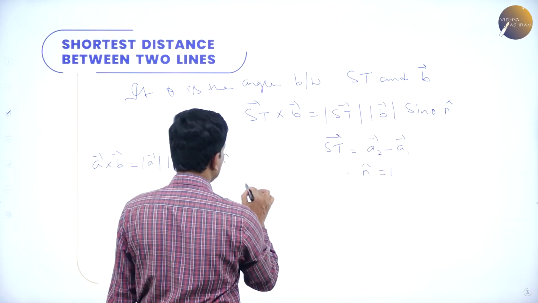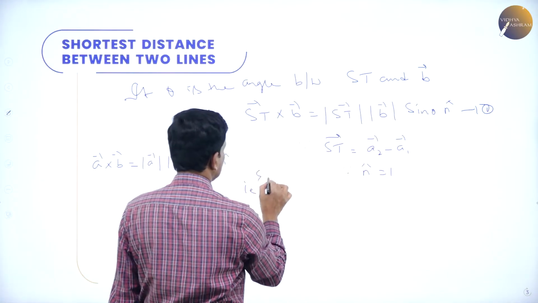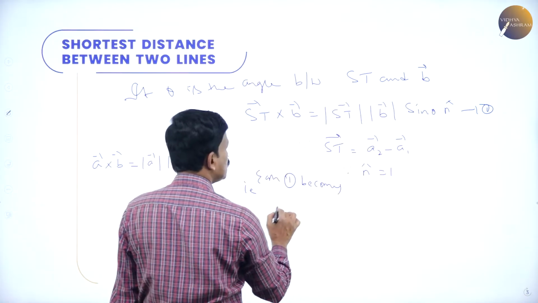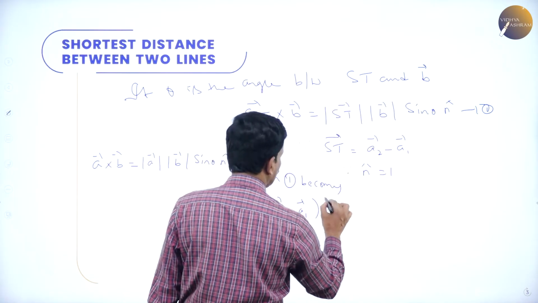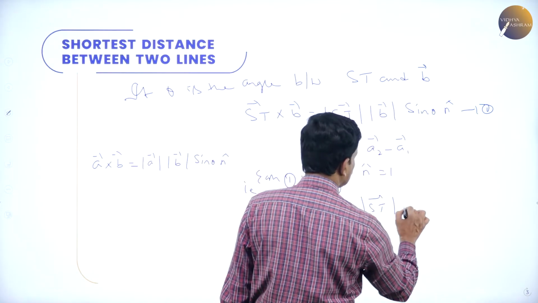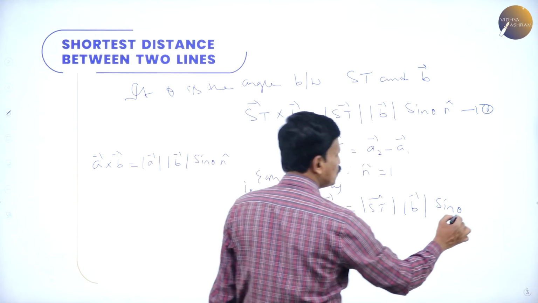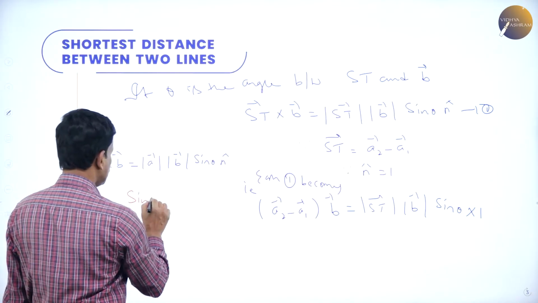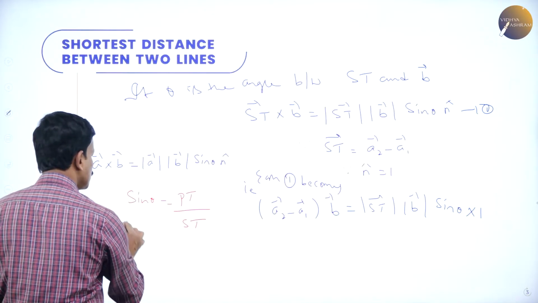So this equation, equation number 1, reduces to: ST is nothing but vector A2 minus A1 into length of vector B is equal to length of ST into length of vector B into sin theta, since n cap is equal to 1. Since from the figure, sin theta is equal to PT divided by ST. If I cross multiply this, what will I get?